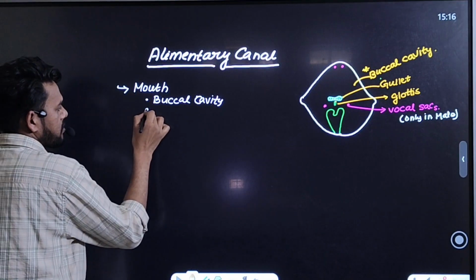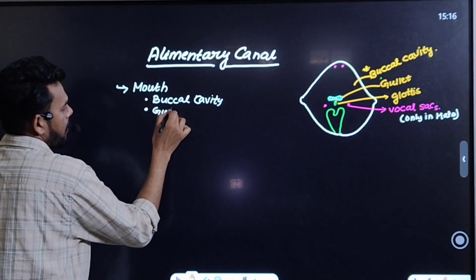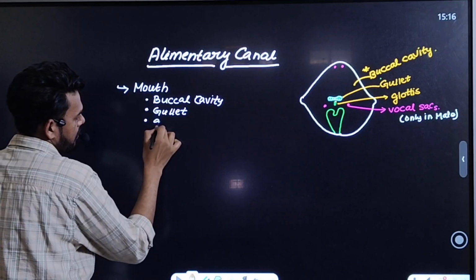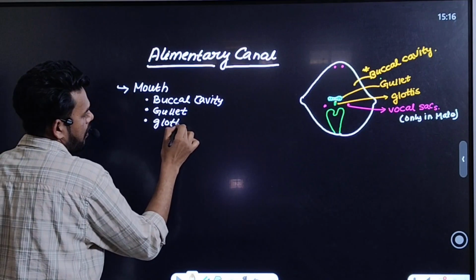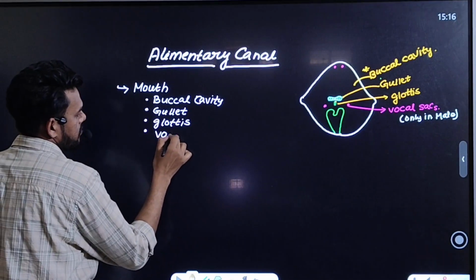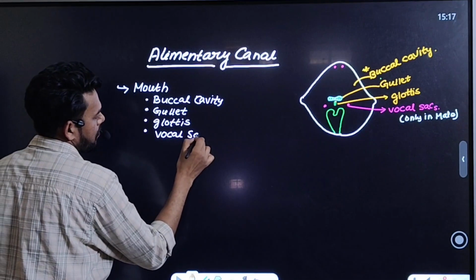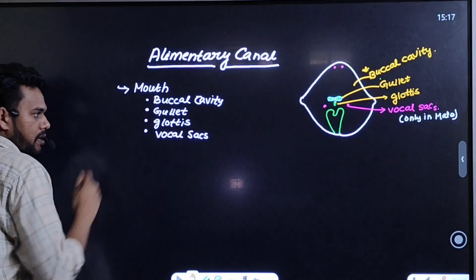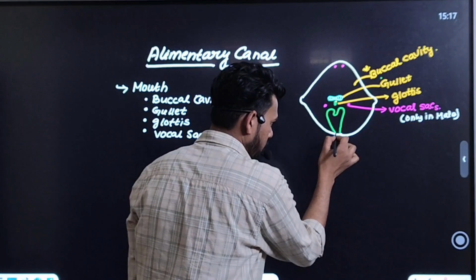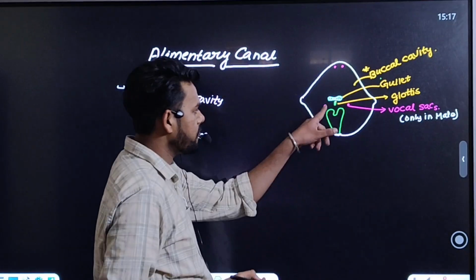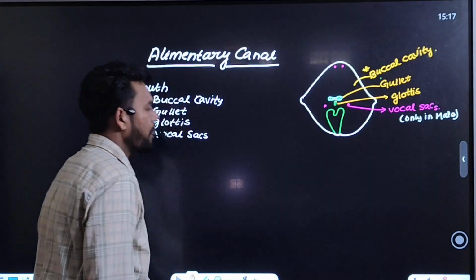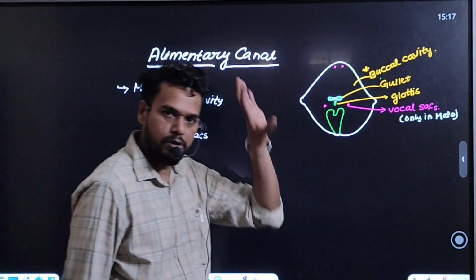Inside the buccal cavity there is gullet, glottis, vocal sacs, and a bilobed tongue. The tongue is bilobed, which is connected from this part and open from the anterior parts. Okay. This is the first part, mouth.